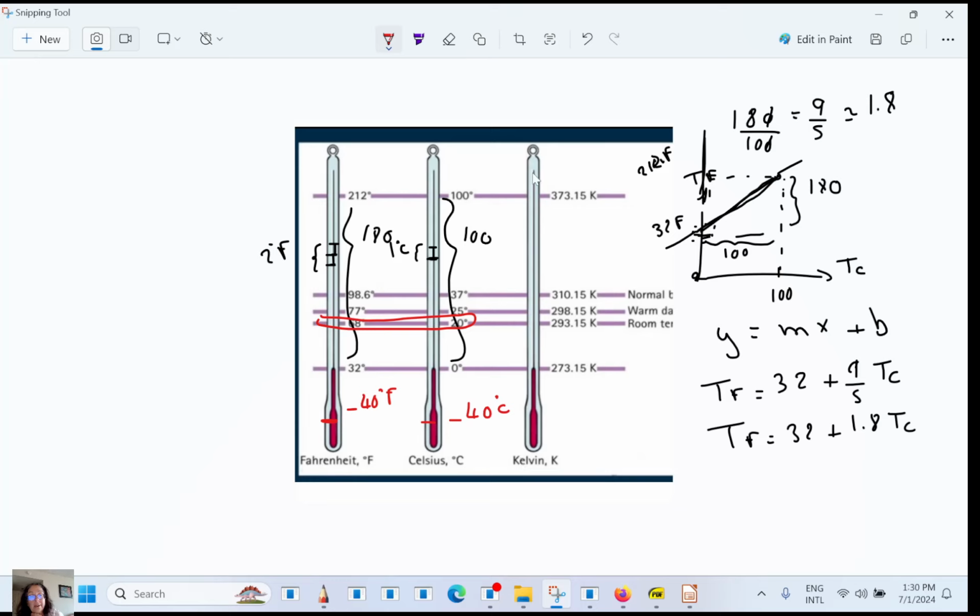Then we have the Kelvin scale, which is the same as Celsius, but shifted by 273.15. That means Celsius is Kelvin minus 273.15, or Kelvin is Celsius plus 273.15.